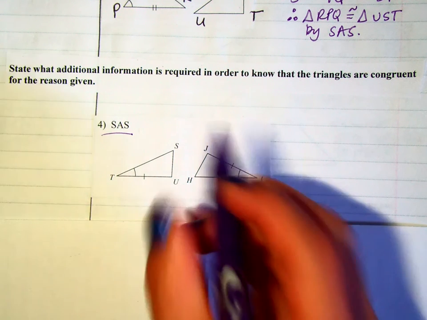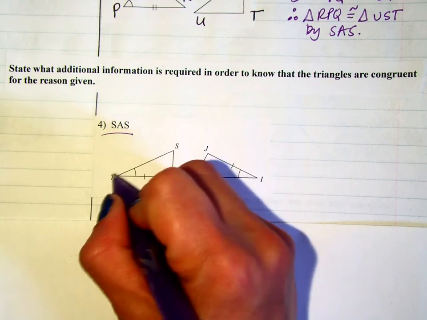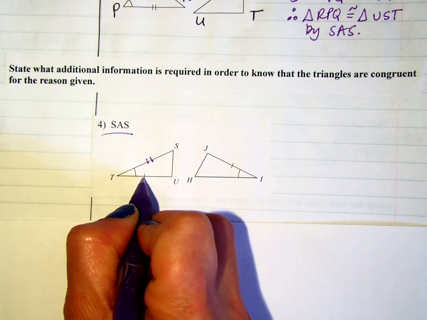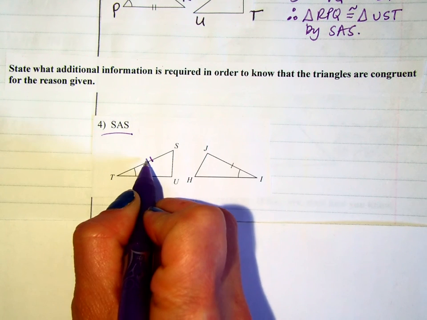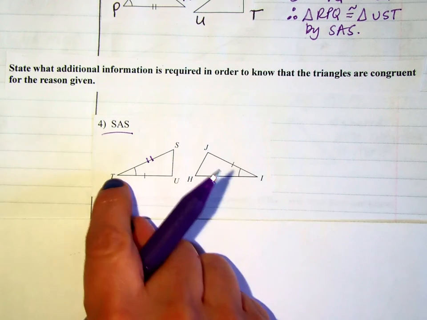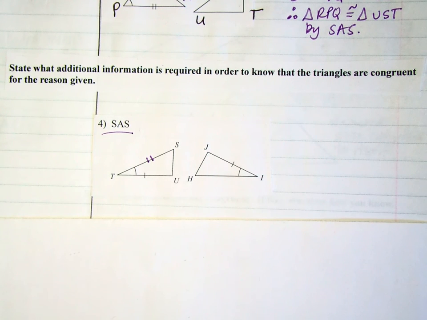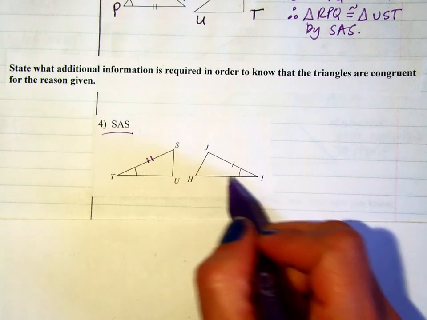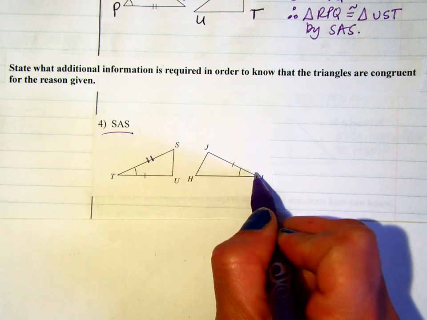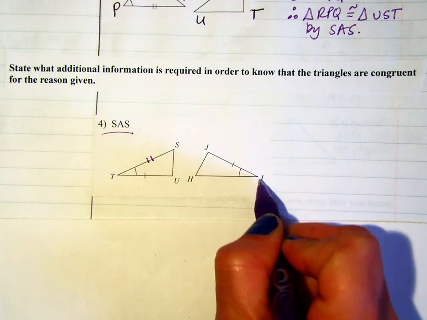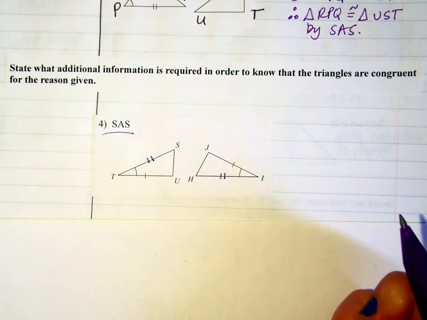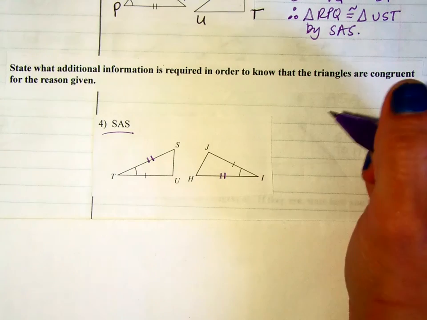If you said we had to mark side TS, you are correct, because now it'll be side, angle, side. Now we have to decide which side corresponds to side TS in the second triangle. If I go in order again, this has one marking, side. Here's my angle. That means we're going to have to mark this bottom side here. Perfect. So now we have to make the statement.